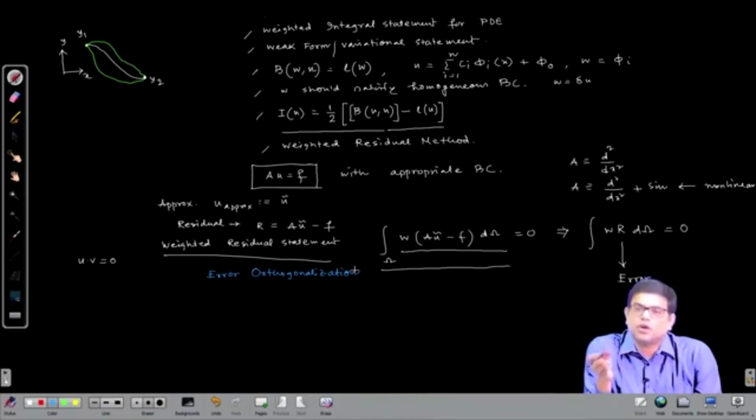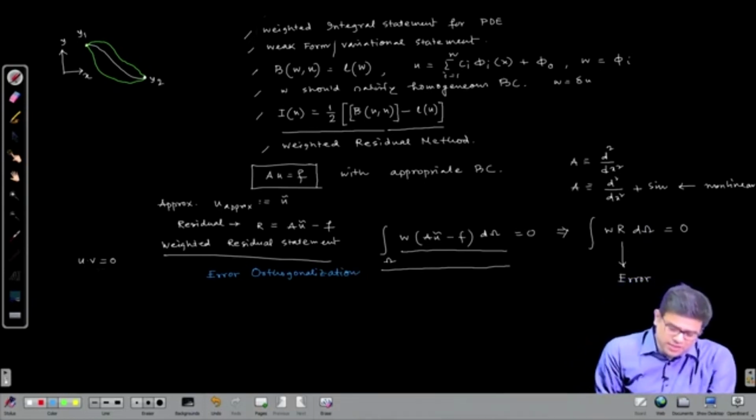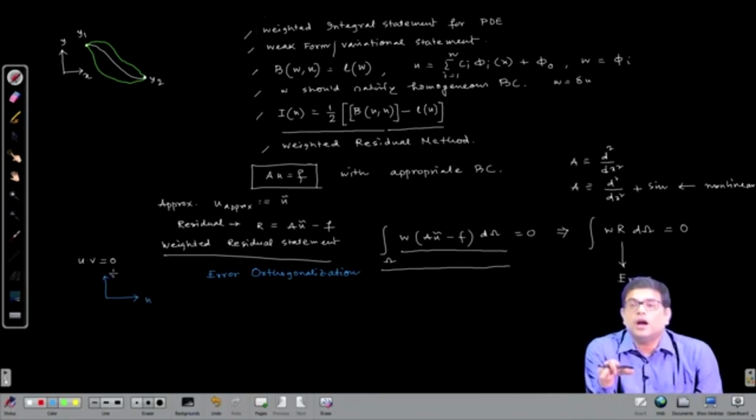is dependent on the approximation of u. The error I push to its orthogonal base, so that the error doesn't have any component on the solution space. Because what does u dot v mean? It means there are two vectors which are perpendicular. So if this is u, this is v, that means v doesn't have any component or projection on u, the projection is 0.